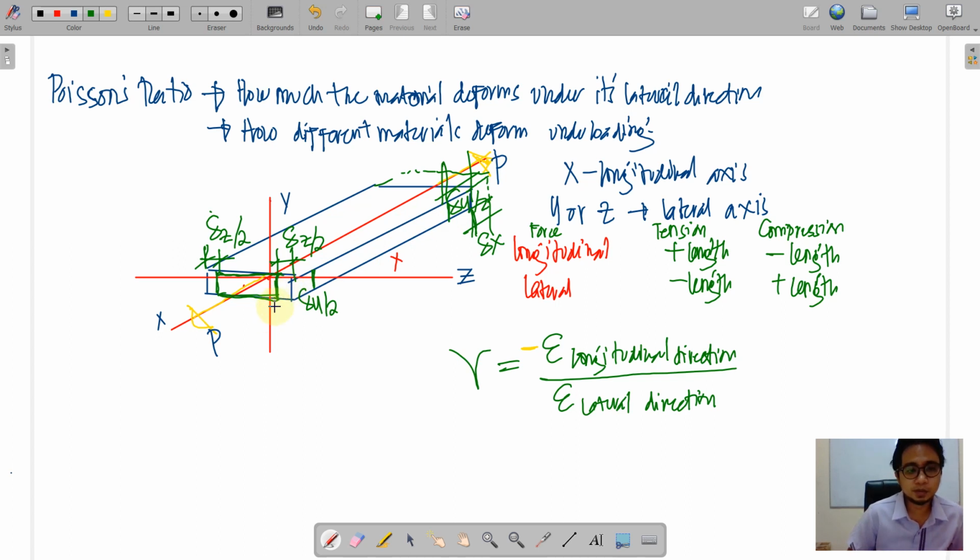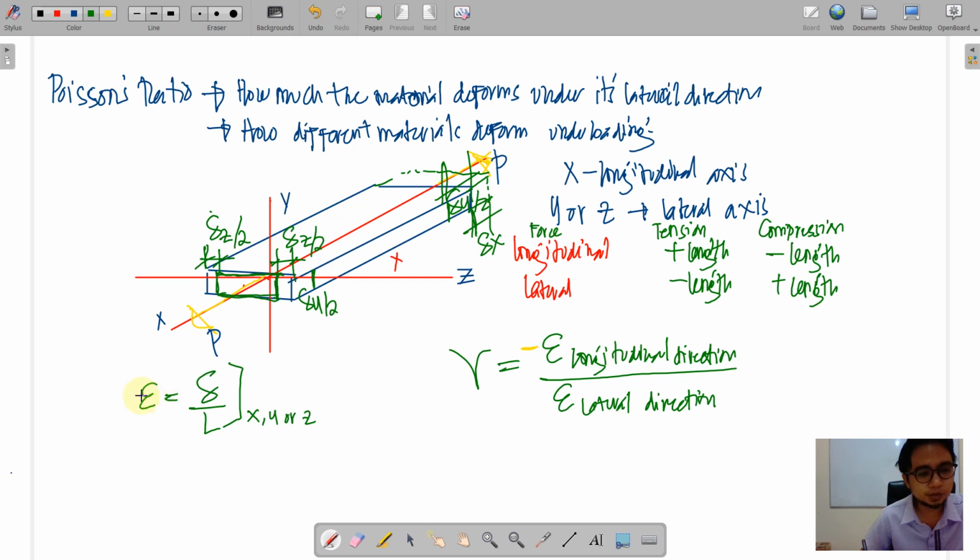So therefore, there will be a strain on it, because recalling that the formula for strain is deformation all over the original length. So there will be strain on different axes, say x, y, or z.